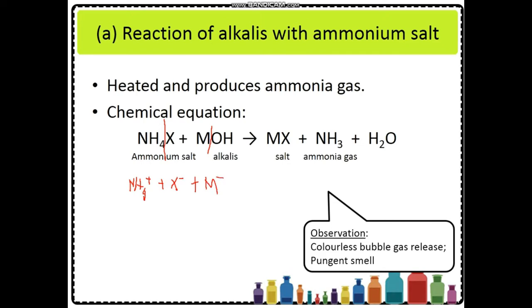It depends: it can be M plus, M2 plus or M3 plus, depending on the type of metal being used, plus OH negative. So it produces salt and ammonia gas. The salt is the combination of M plus and X negative, while NH4 plus and OH negative will produce ammonia gas and water molecule.